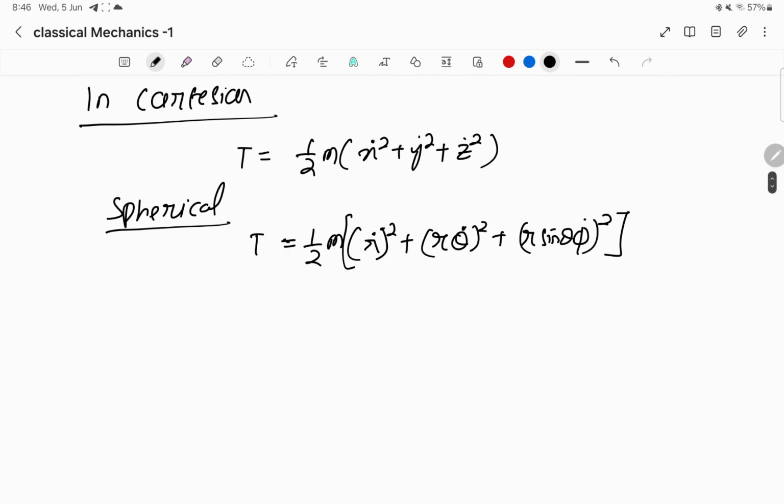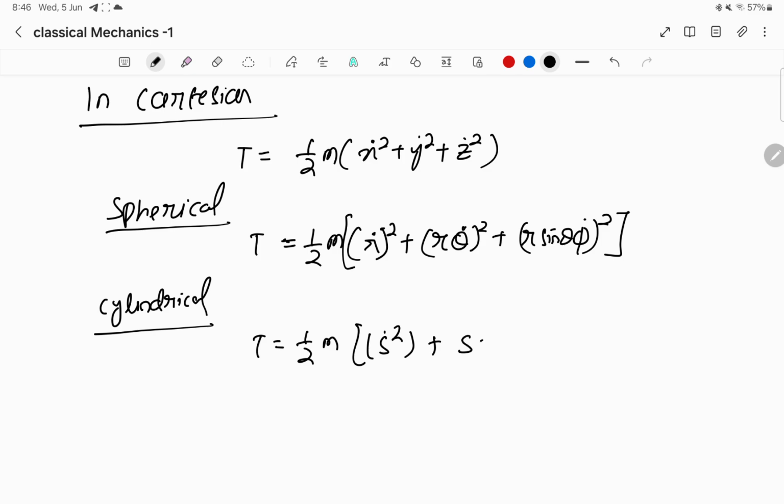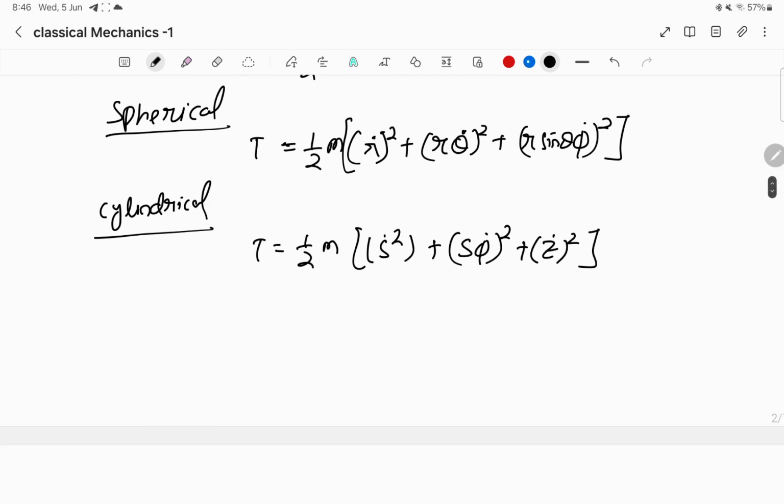Clear? In your cylindrical, we have T equal to half m times s dot square plus s phi dot square plus z dot square. Clear?